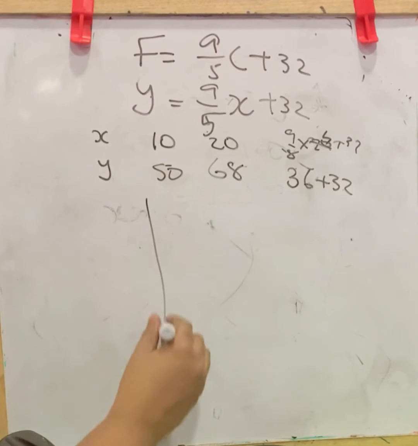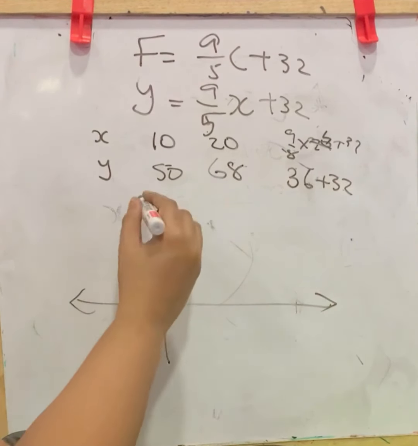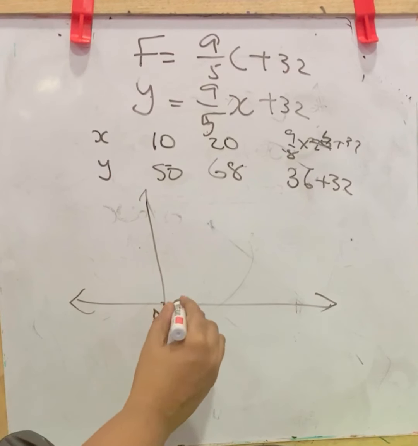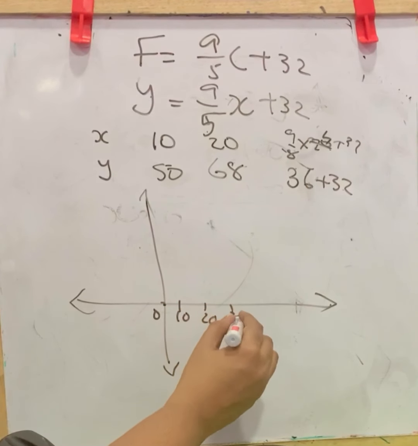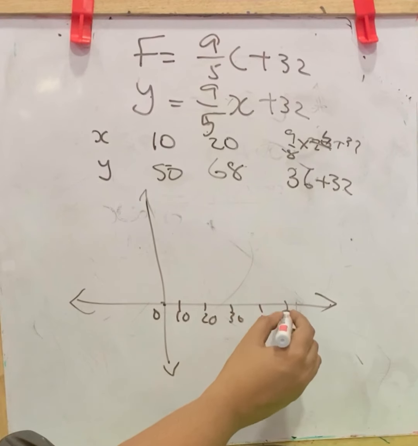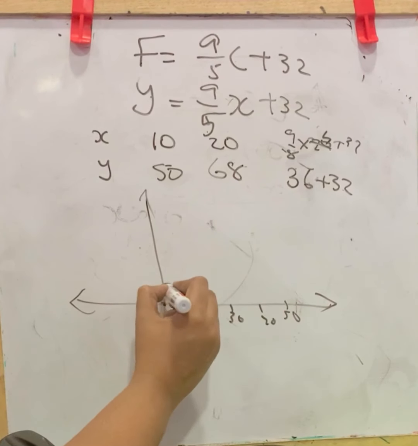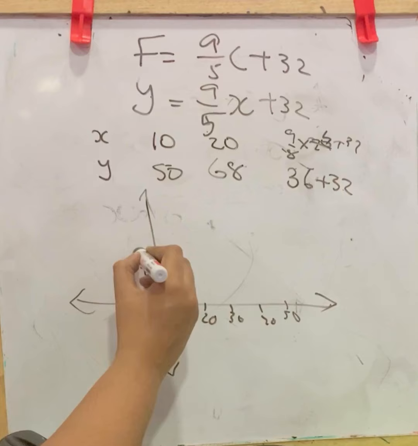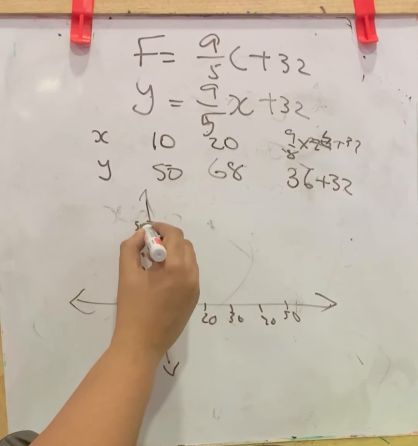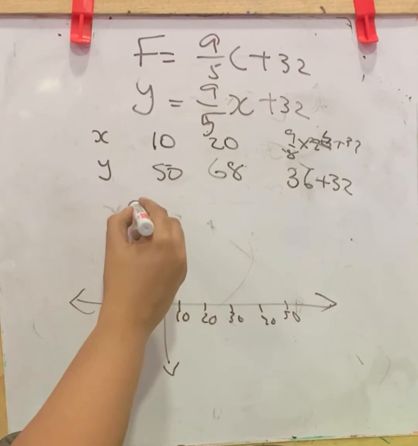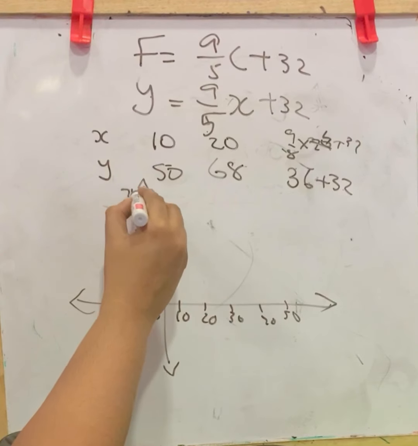Now we will plot it. We will take 10, 20, 30, 40, 50. Here again 10, 20, 30, 40, 50, 60, 70.